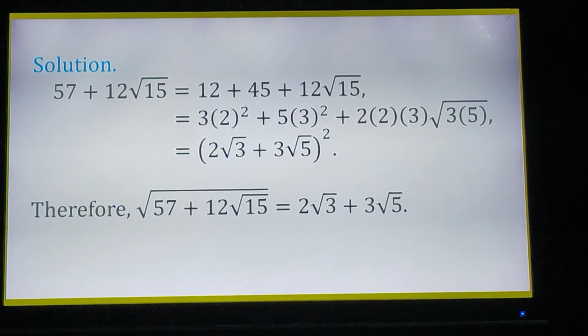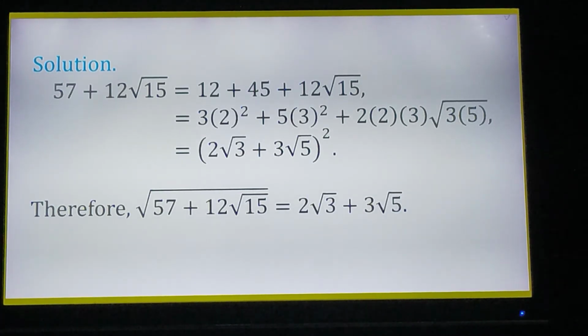So in this case, 12 plus 45 satisfy that condition, because 12 is 4 times 3, and 4 is a perfect square, and 45 is 9 times 5, and 9 is a perfect square.